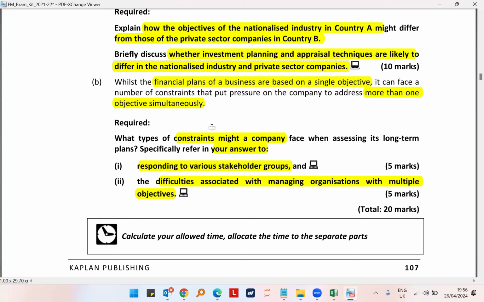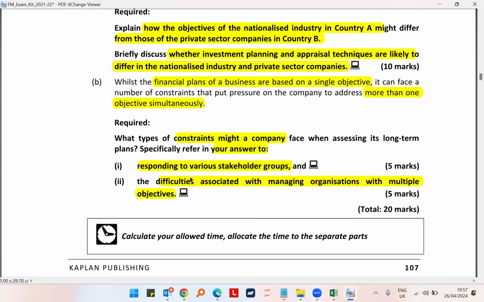So the constraints when it comes to the stakeholders could be that, for example, you don't have enough resources to be able to increase the salaries of employees and at the same time lower the costs for the shareholders. That could be one of the constraints. We shall see other constraints when we go to the solution.